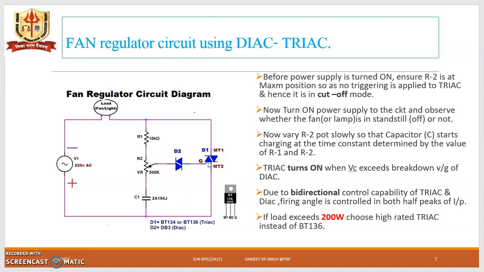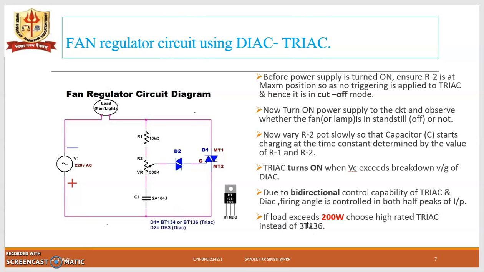and the triac turns on for both the positive half and the negative half cycle whenever the breakover voltage of the diac is reached due to the voltage across the capacitor. And due to the bidirectional control capability of triac and diac, the firing angle is controlled in both half cycles of the input current.